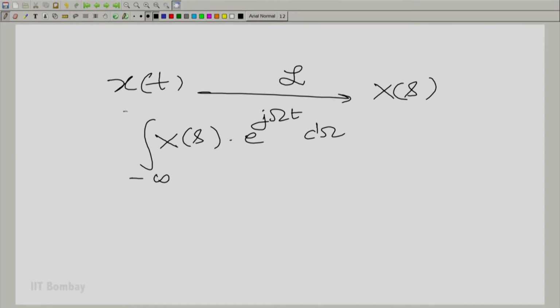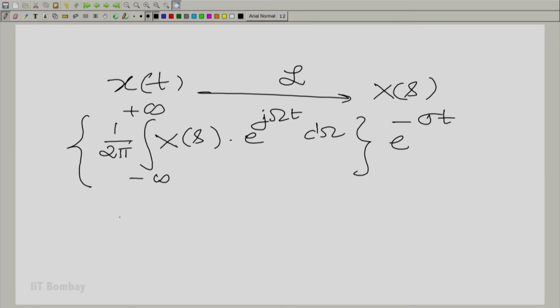Omega would run from minus to plus infinity, and you need to divide by 2 pi. Now, after that you need to multiply this by e raised to the power minus sigma t. So, multiplication by e raised to the power minus sigma t is essentially division by e raised to the power sigma t.